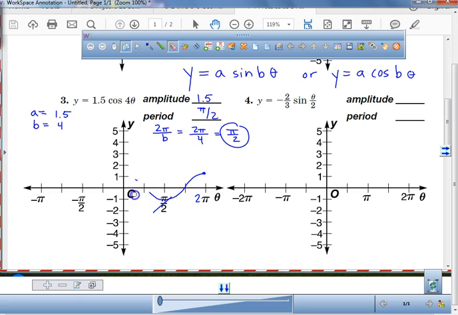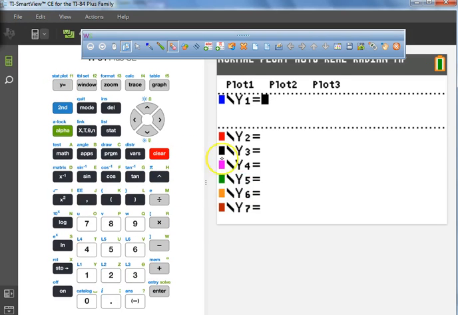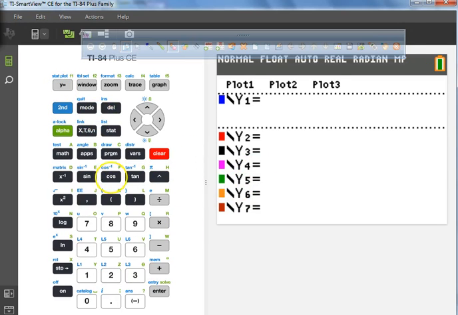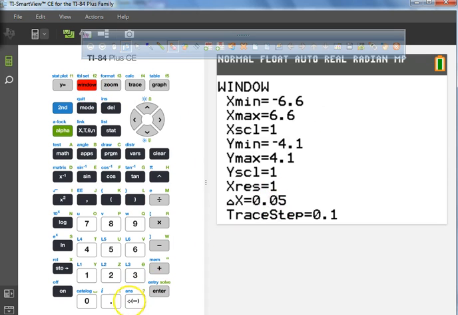So we're going to take a look at this in the graphing calculator. Turn your graphing calculators on. Hit y equals. I want you to enter cosine of x, and then cosine of 4x, because I want you to understand what happens to the period when you change the B value from 1 to 4. Now we're going to change the window real quick.